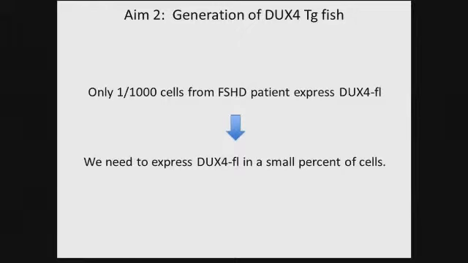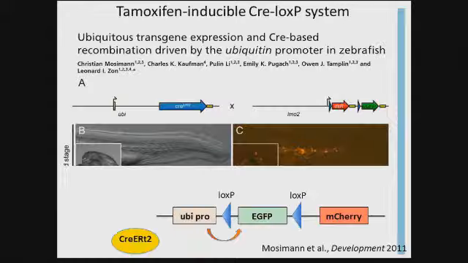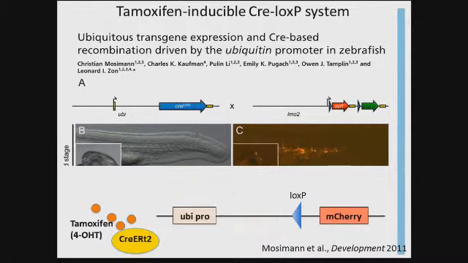I'd like to briefly, if I can, Dan, try to establish a DUX4 transgenic line. So we're going to try to express it transgenically. That means I'm going to be able to control the expression. I'm not going to inject RNA. I'm going to control the expression to make a stable line on which I can do drug screens for therapy. And this utilizes the tamoxifen system, where you're actually going to remove part of the DNA and open up a red marker that can be attached to the DUX4 locus and show that you can actually turn that gene on during development.